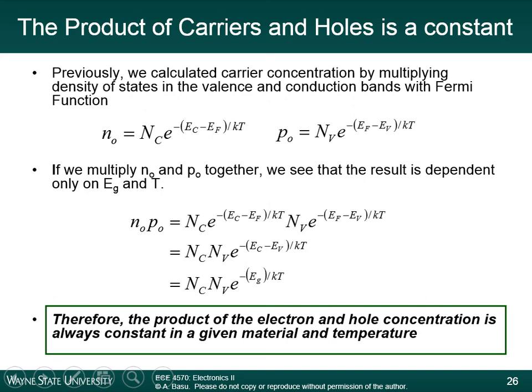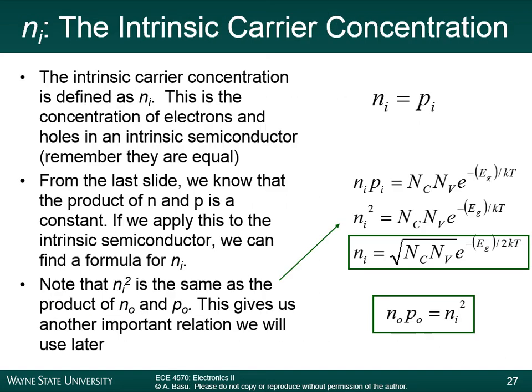I'm describing this mathematically, but remember what we were saying earlier: the more holes you have, the fewer electrons you have, and the more electrons you have, the fewer holes you have. We discussed that in the context of n-type and p-type materials. So the product of the two is always a constant. That makes it easy: if you know the electron concentration, you can calculate the hole concentration, and if you have the hole concentration, you can calculate the electron concentration.